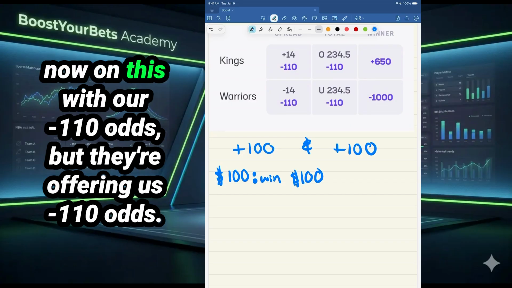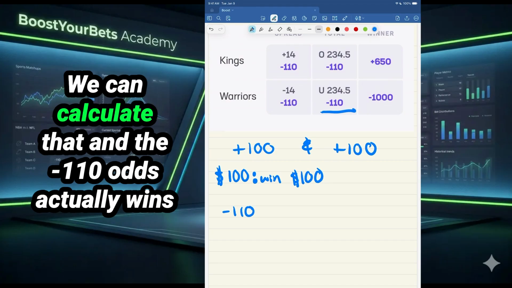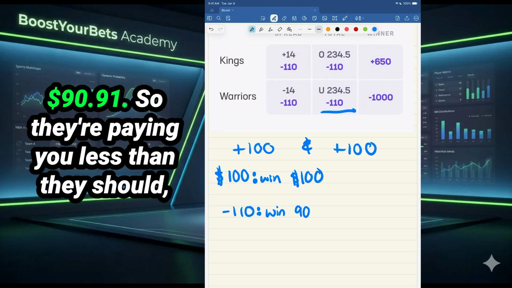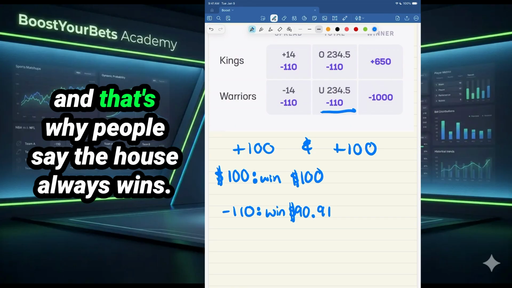Now, they're offering us negative 110 odds, and we can calculate that the negative 110 odds actually win 90.91. So they're paying you less than they should. And that's why people say the house always wins.